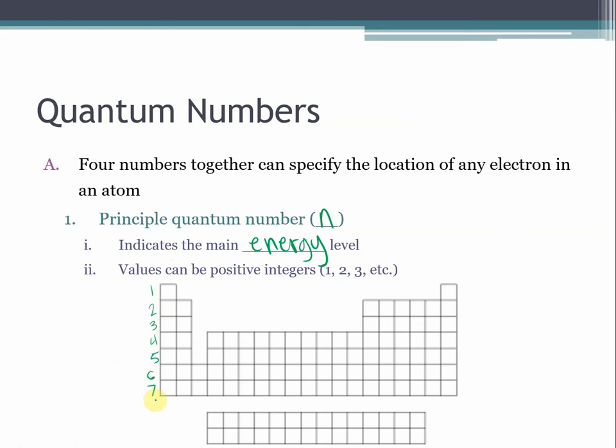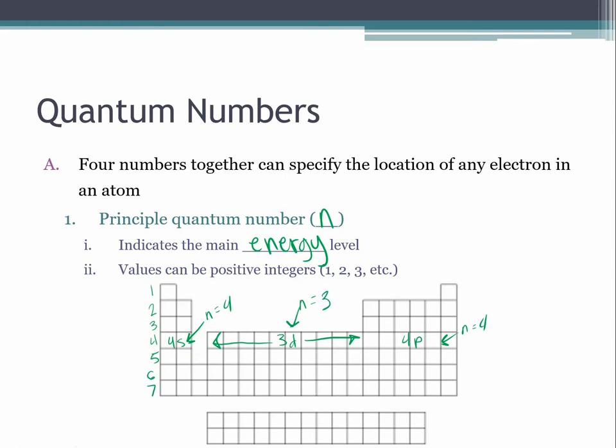But do remember there are some exceptions to that. Your d orbitals are a little weird. While this is your 4s, this is your 4p, this is actually 3d here in the middle. So right here, n equals 4, and right here, n equals 4, right here, n equals 3. n can be any positive integer, so 1, 2, 3, 4, 5, 6, 7, those are the ones we know about right now.